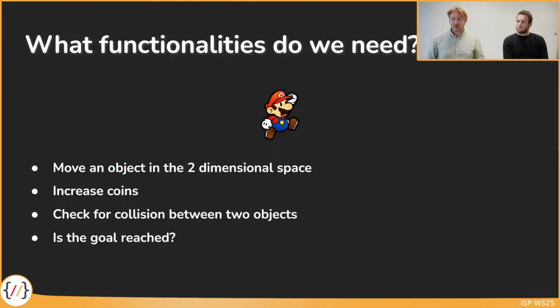Also check for collisions between two objects, and when we check for a collision, again, we want to distinguish between is it something good or is it something bad, and at the end we want to know if we reach the goal, if the level is over, otherwise we would play technically.